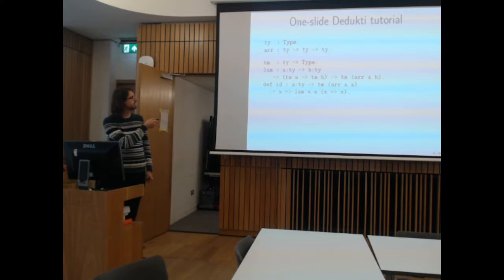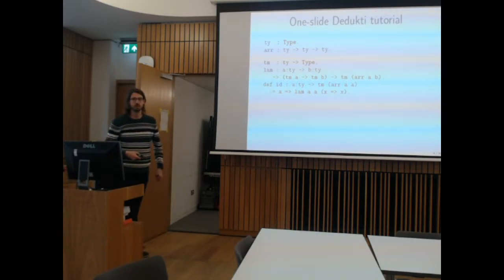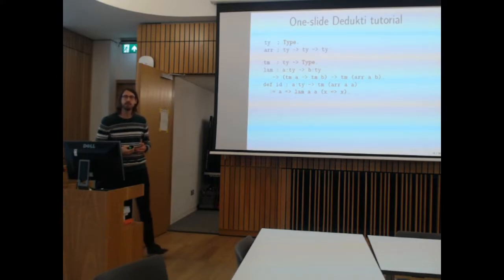Then we need some terms as well. So this is a dependent type, right? For each type, we want to have a type of terms in that type. So this is intrinsically typed. Then we can do term constructors in the higher-order abstract syntax style.